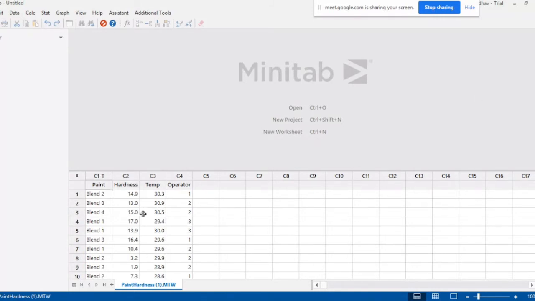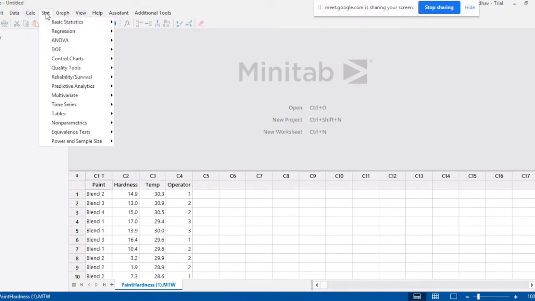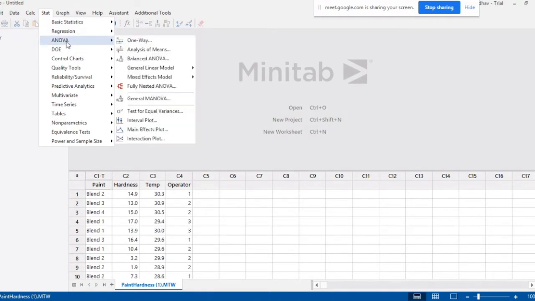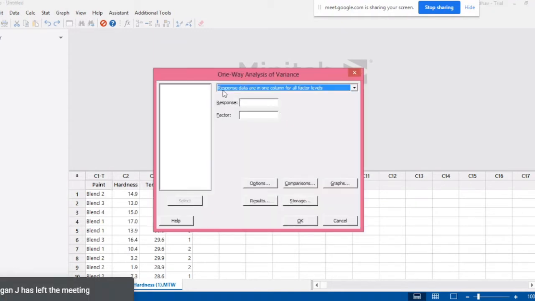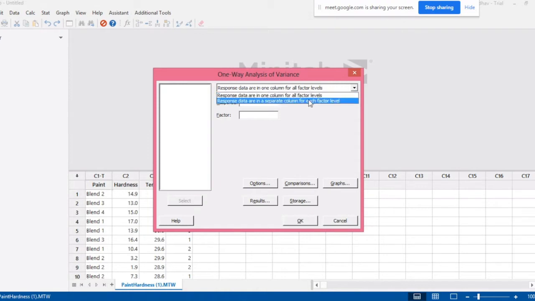Here there is no need to check the normality and the equal variance, because as the data is in one column, we can directly go for Stat, ANOVA, and One-Way ANOVA. Now here we have a drop-down option. If the responses are in separate columns, you have to click the second one.